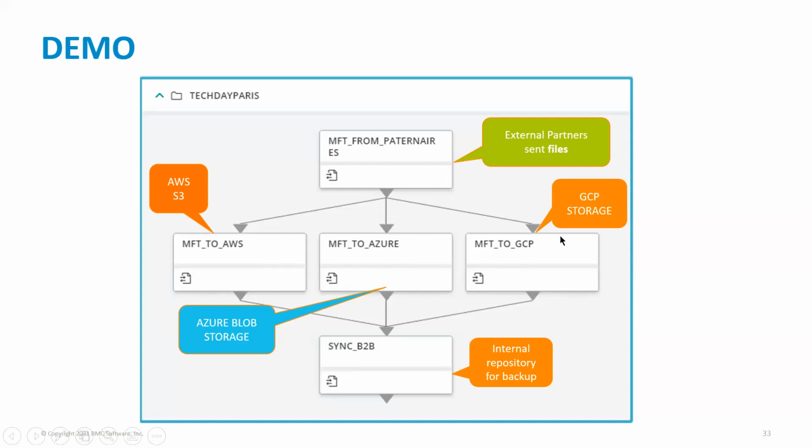First I will send files to AWS, where we have a bucket, one to Azure, it's the same, and another one to GCP. That emphasizes that we have different connection profiles to different cloud vendors, and by a job you can simply send one to many files to these cloud vendors.